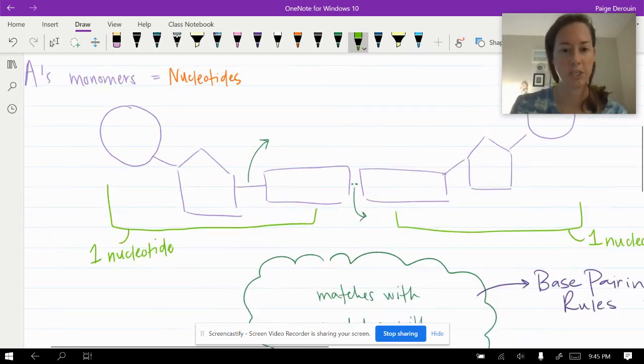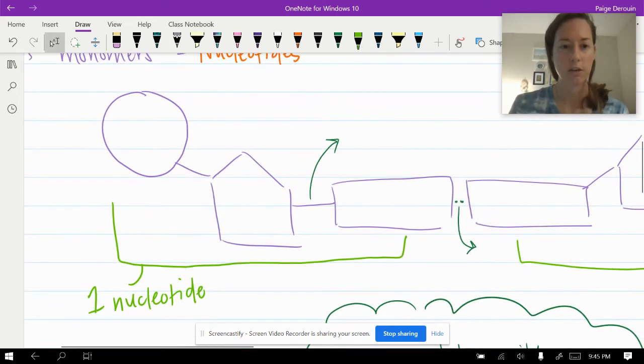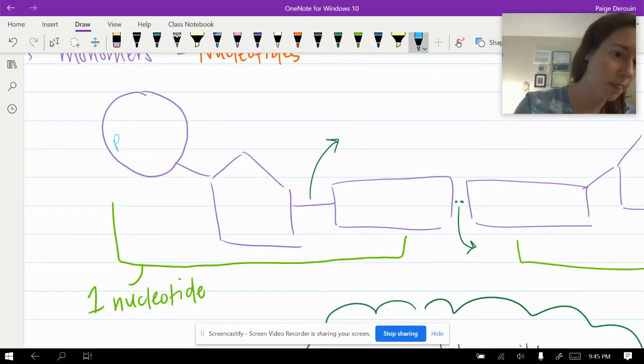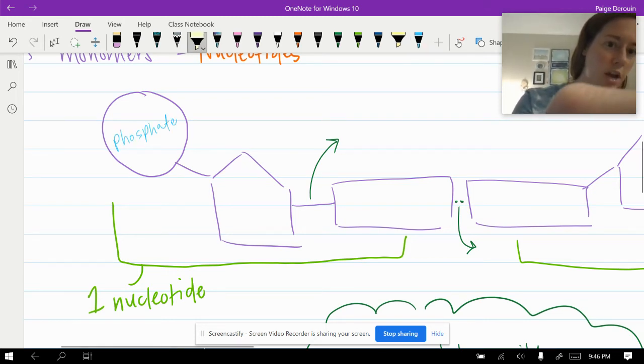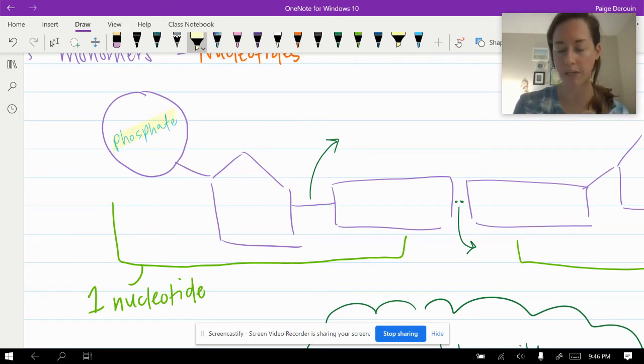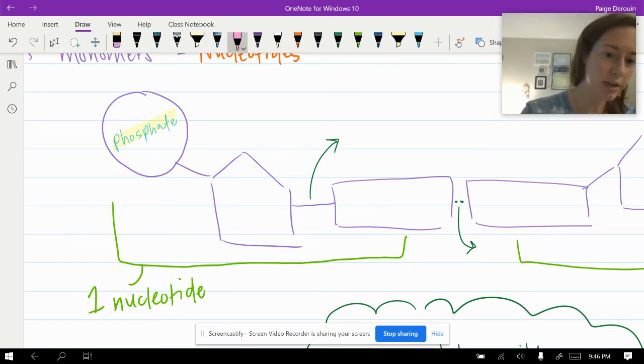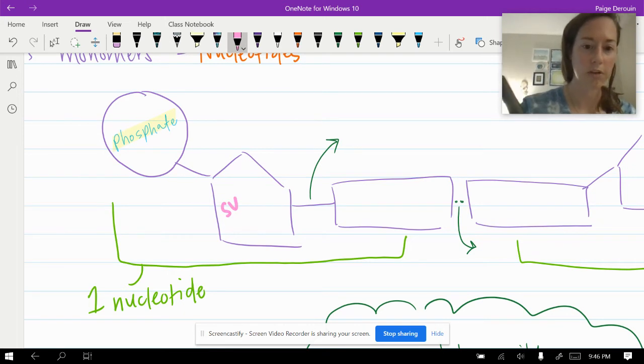So I'm going to zoom into just this one nucleotide over here. The circle is a phosphate, which probably looks similar to ATP, and that's intentional because ATP also had three phosphates. Nucleotides have one phosphate. And then you also have, I'm going to do different colors for each, a sugar, this pentagon.